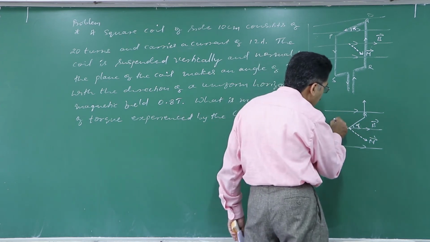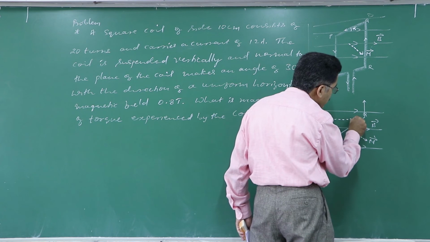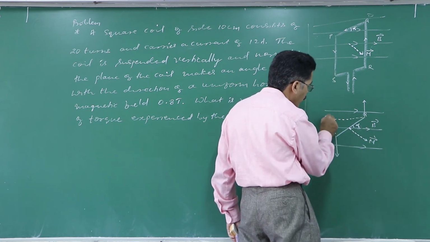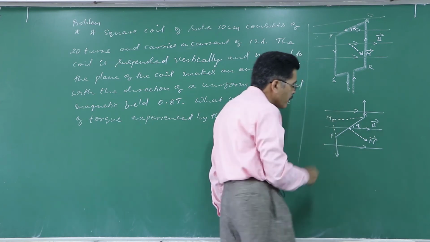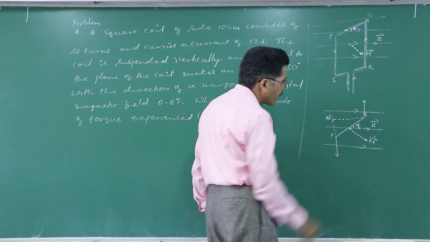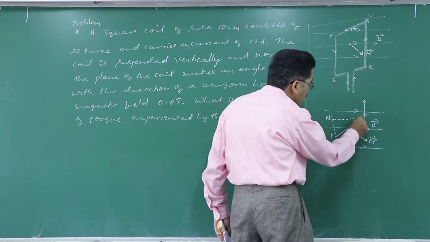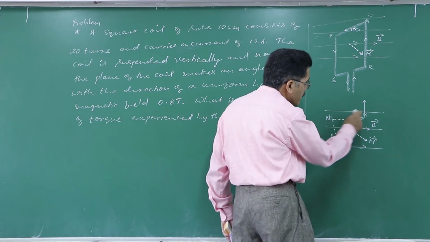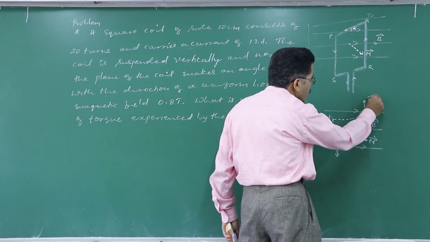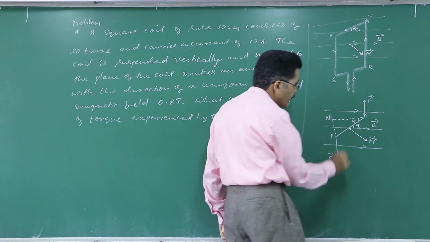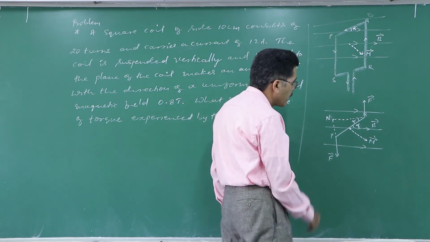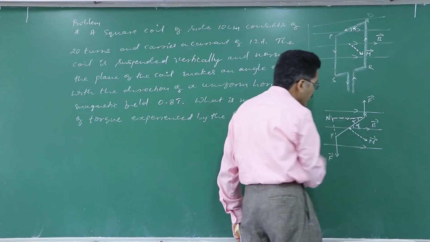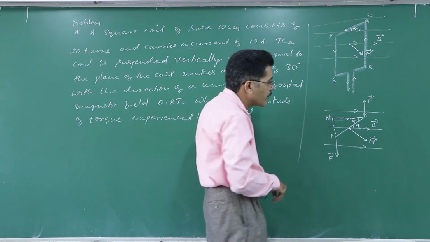See, if this is alpha, I just take a triangle PQR, M here, N here. If this is alpha, this is also alpha. Then this side gives you force.